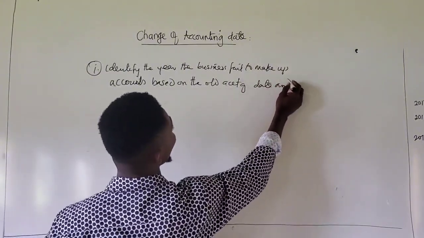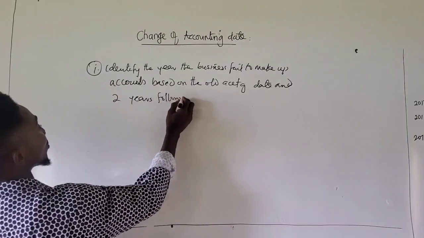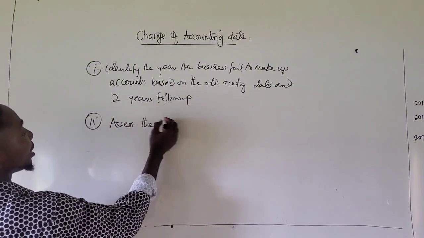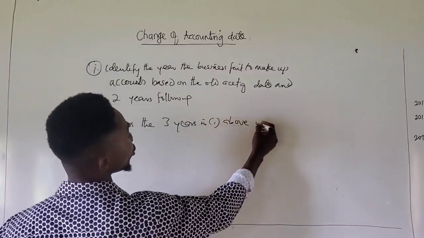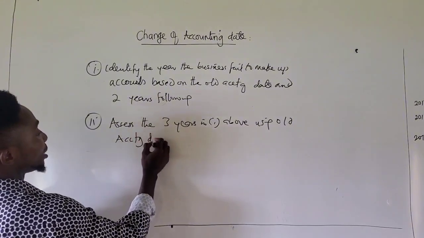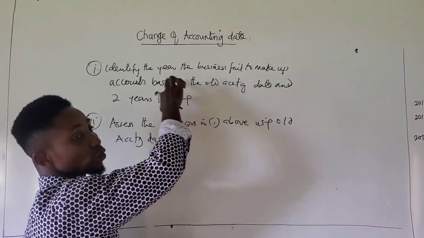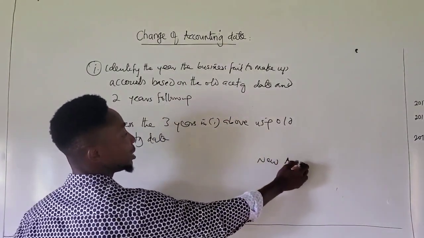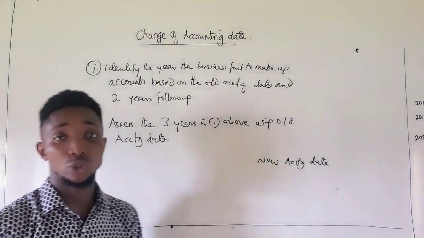Roman figure 2, assess the 3 years in 1 above using the old accounting year end or accounting date. Roman figure 3, assess the 3 years in Roman figure 1 above using the new accounting date. Roman figure 4, compare your results.